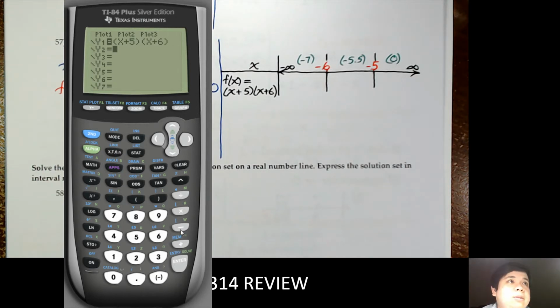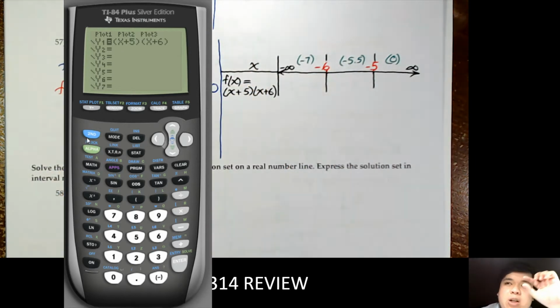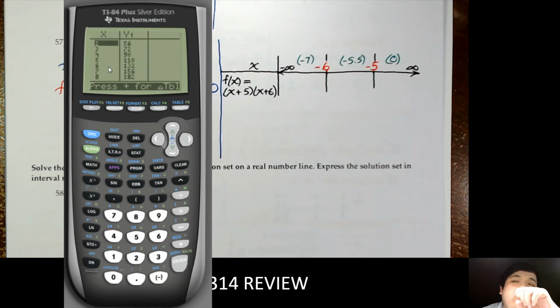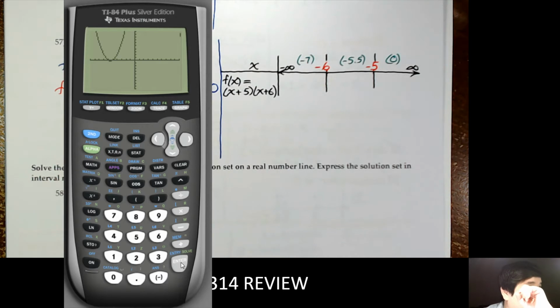Right. And here we have the number negative 5.5. So that doesn't quite fit on the table, so we're not going to do that because we won't be able to find negative 5.5 in here. So I hit second, calculate. Instead, we calculate the values.